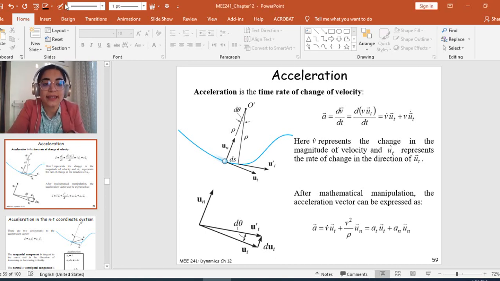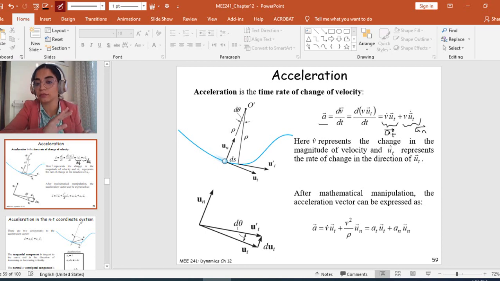You're going to see that an acceleration in curvilinear motion using normal and tangential directions or components has two components, unlike the velocity that has only one component in the tangential direction. The first one is in the tangential direction, and it's called at. And the second one is in the normal direction, and it's called an.